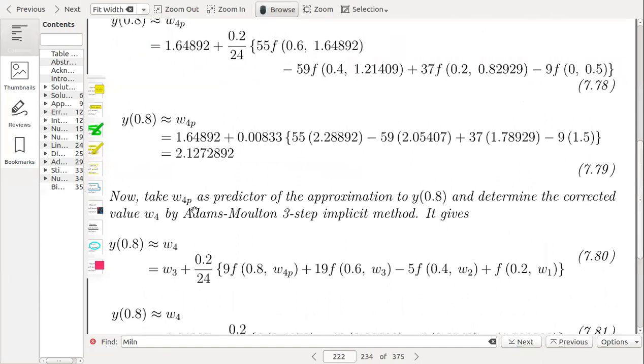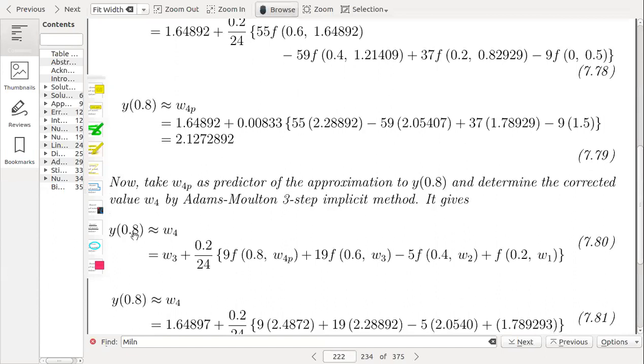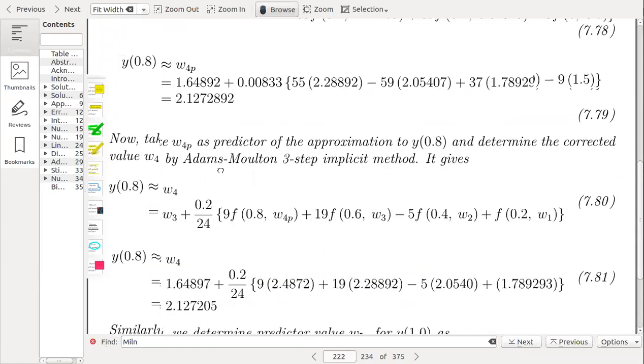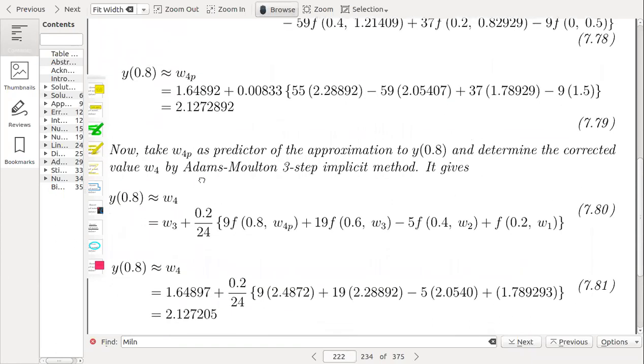So take W4P as predictor of the approximation to y at 0.8 and determine the corrected value W4 by the Adams-Moulton three-step implicit method. It gives y at 0.8. So W4 is equal to W3 plus 0.2 by 24. This formula will give the correction of this predicted value.